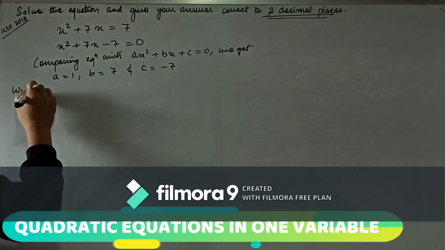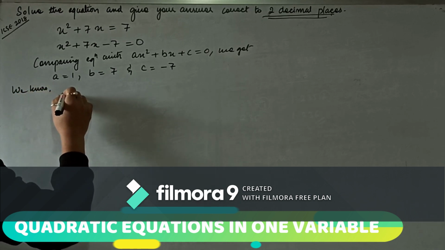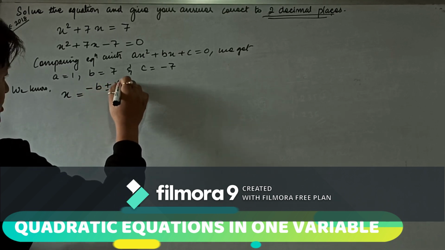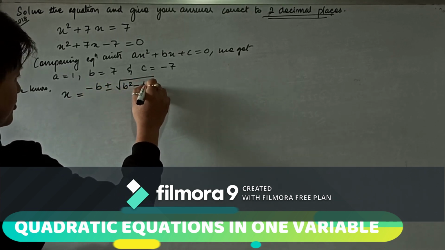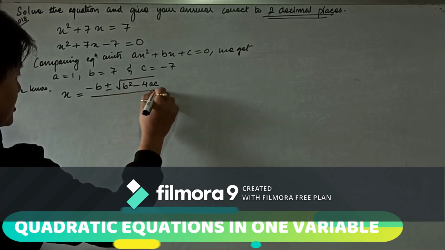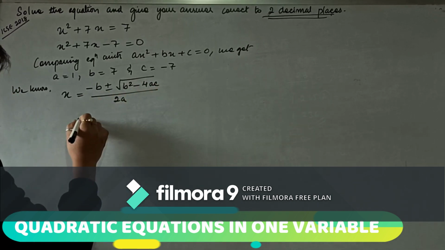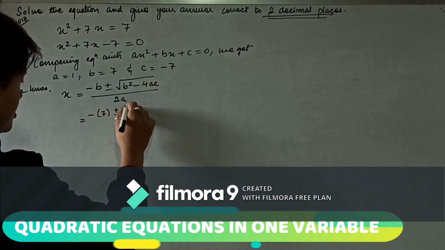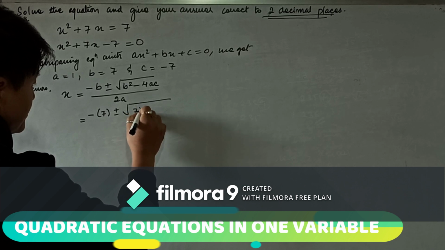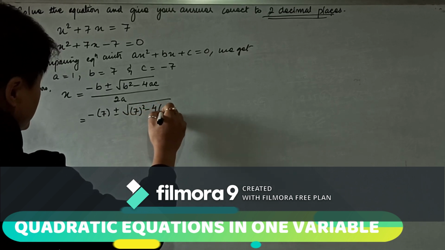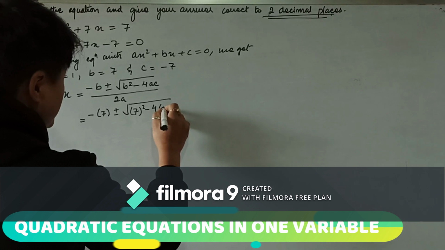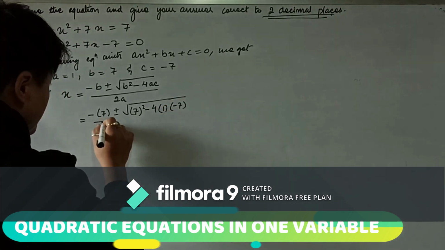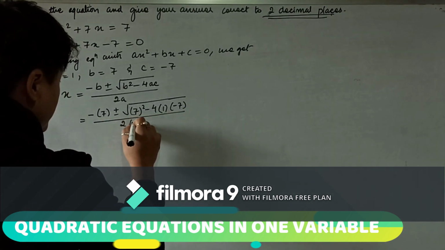So we know x is equal to minus b plus or minus root under b square minus 4ac, divided by 2a. This can be written as minus 7 plus or minus root under 7 square minus 4 into a which is 1 into c which is minus 7, whole divided by 2 into a which is 1.